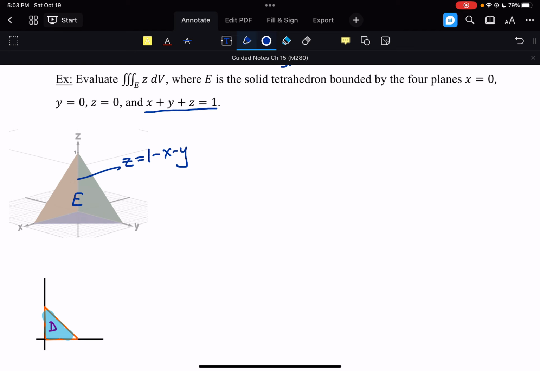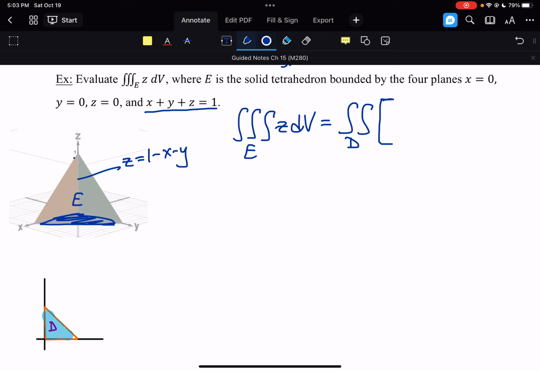So if we focus on solving the innermost integral first, so we're going to have triple integral over E of z dv. So we're going to take the double over D and just ignore it for now. We're not going to worry about the double integral yet. So this one, we can go from the bottom function down here up to this top function up here.